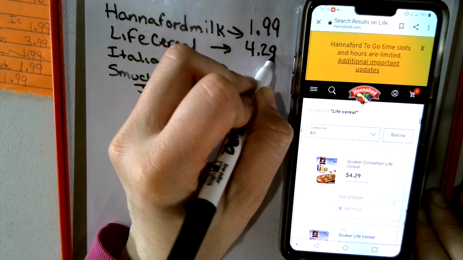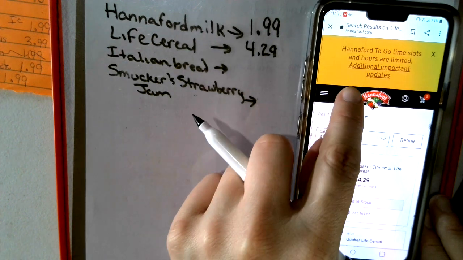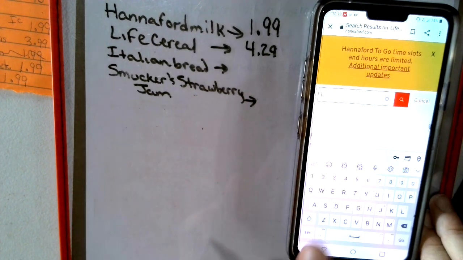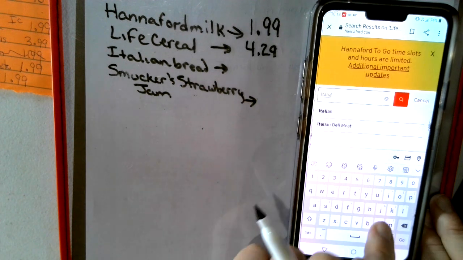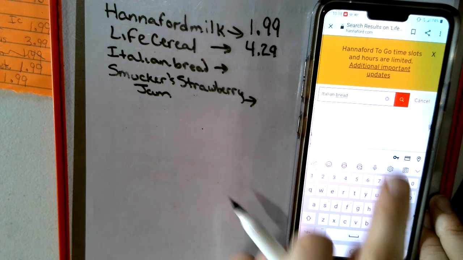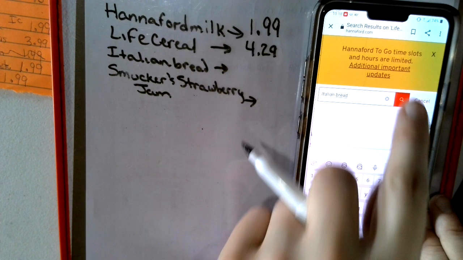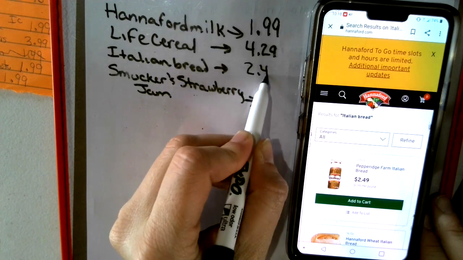I'm going to write that down because that's what I'm going to need to add up my prices after. Then I go to search again, delete what I put, and put Italian bread. If you haven't figured it out yet, I'm having toast and cereal. My Italian bread is $2.49.